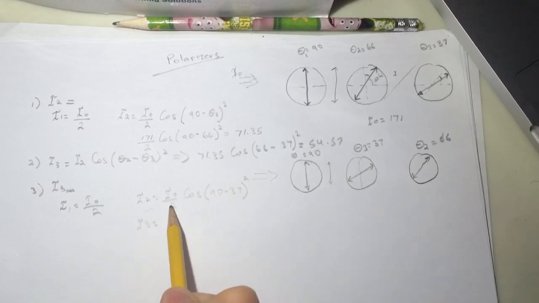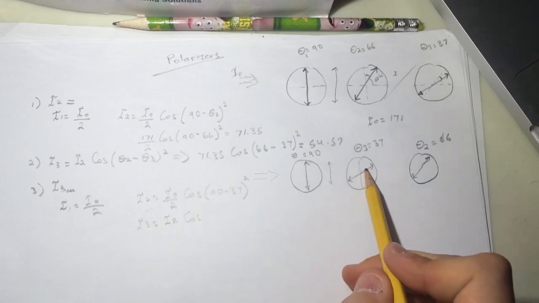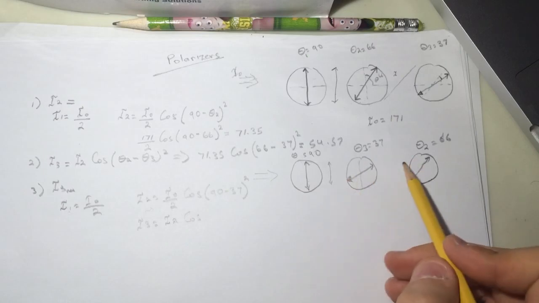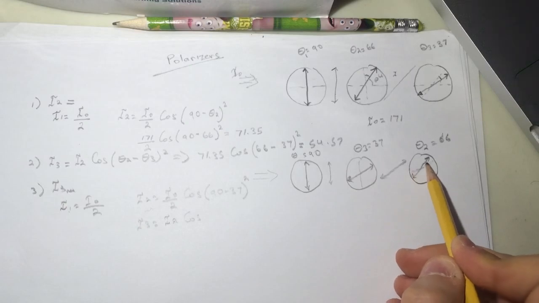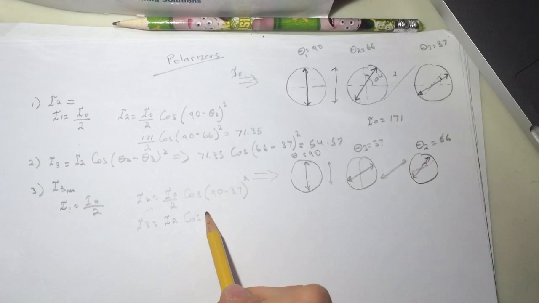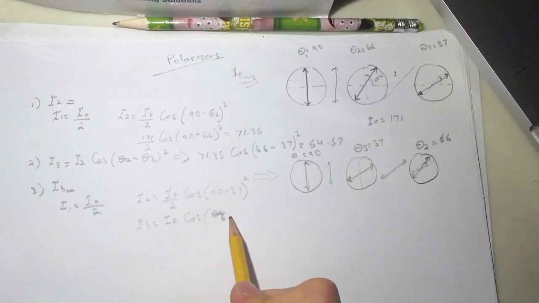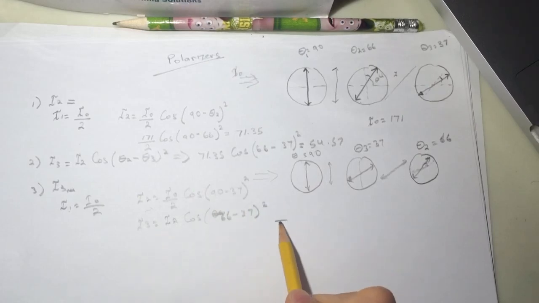Now I3 will be equal to I2 times cosine of this angle. The only light going this way, so we're looking at this angle, which is 66 minus 37, squared.